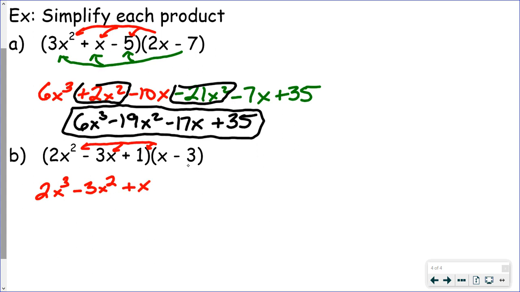And I'm going to distribute in this negative 3. It's a minus sign, so that's why it's a negative 3. And so negative 3 times 2x squared is negative 6x squared. Negative 3 times negative 3x is positive 9x. And then negative 3 times 1 is negative 3. And I'm going to combine like terms.